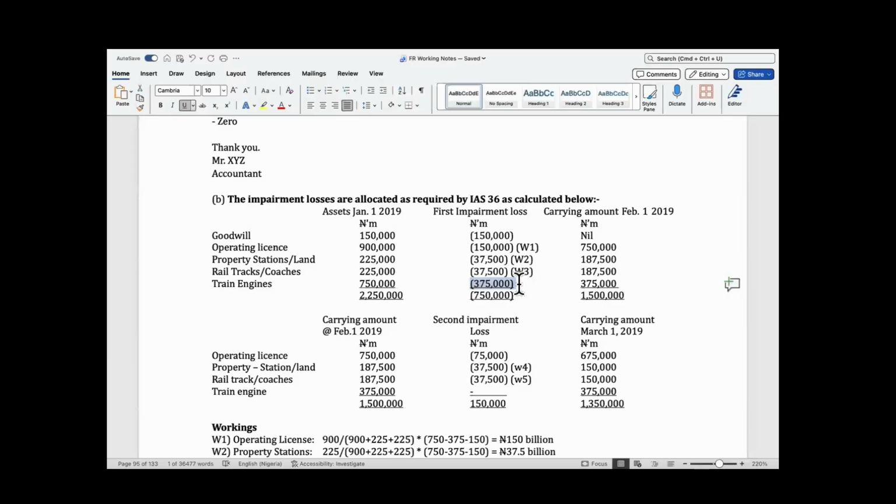Now, after damaged assets have been taken care of, the next item that would be impaired is goodwill. My goodwill is 150. I allocate to it fully. I can conveniently say fully because I know that my impairment loss is this 2.2 minus the 1.5. I know it's 750.